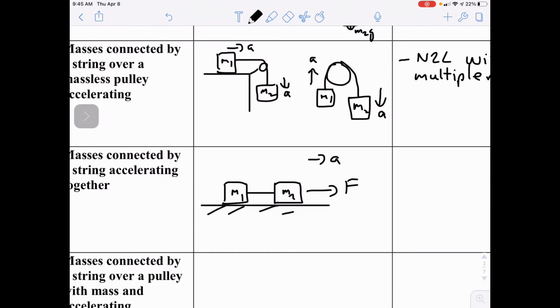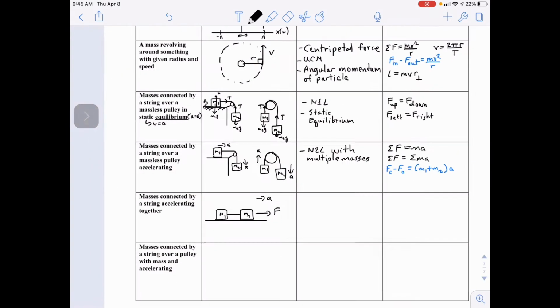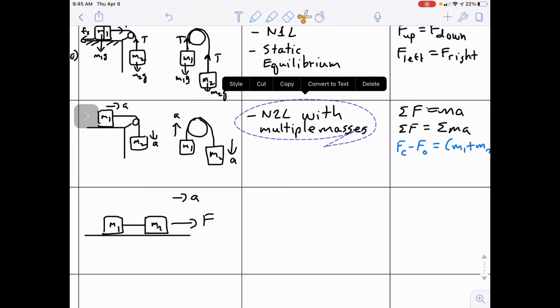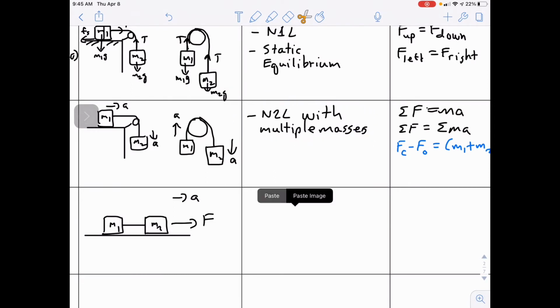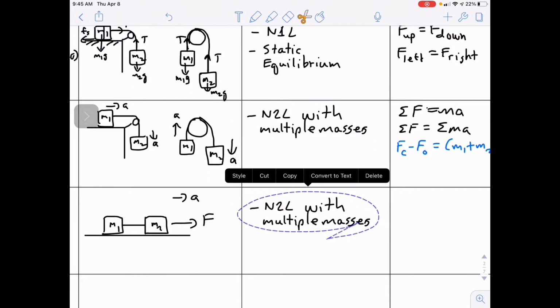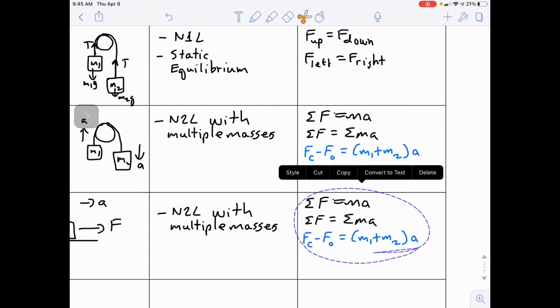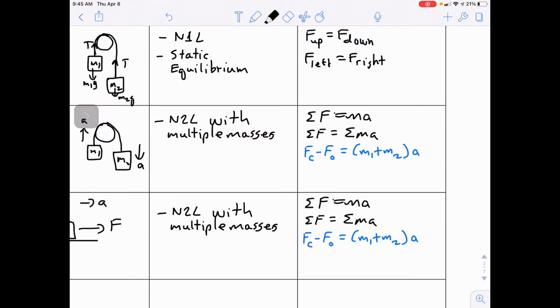Sometimes there's friction on the surface, sometimes there's not. But this is also a Newton's second law problem with multiple masses. And it's also a situation where we have net force equals the total mass times acceleration. By doing it this way, you're able to find the acceleration of the entire system.